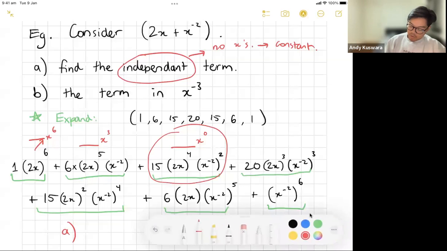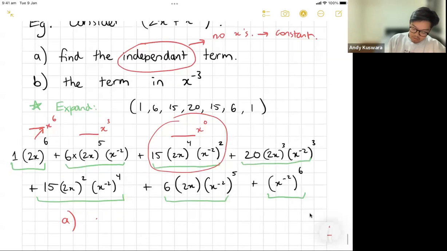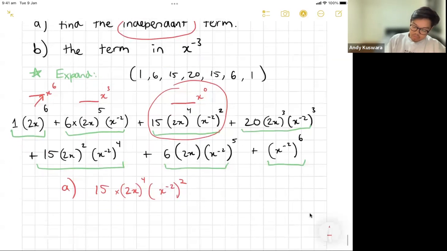Okay, so I'm just going to stop there and I'm going to actually answer it. It's going to be 15 times 2x to the 4 times x to the negative 2 to the power of 2. All right, so this would be 15 times 2 to the power of 4, sorry, is 16x to the 4. And then this would be multiplied by x to the negative 4.